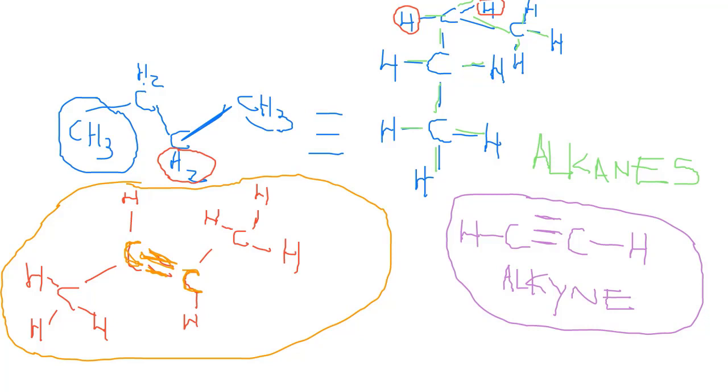And this one, when you see, is also unsaturated because 2 carbons have a double bond. And when you find that the compound has at least 1 double bond, they are called alkenes.